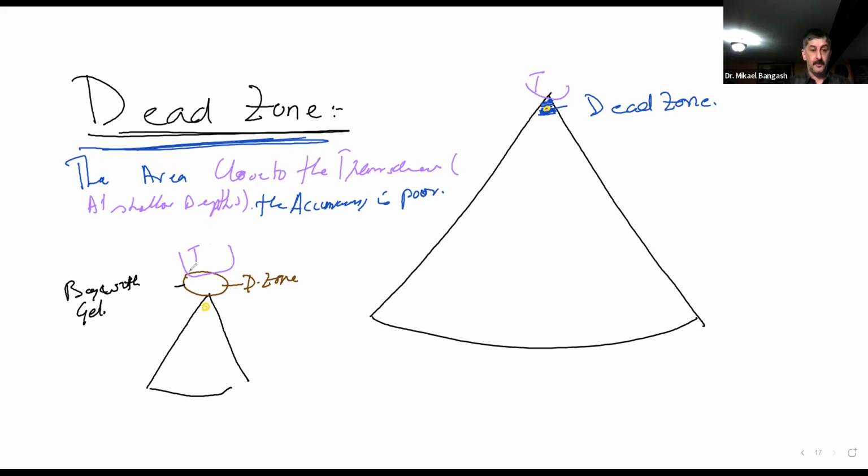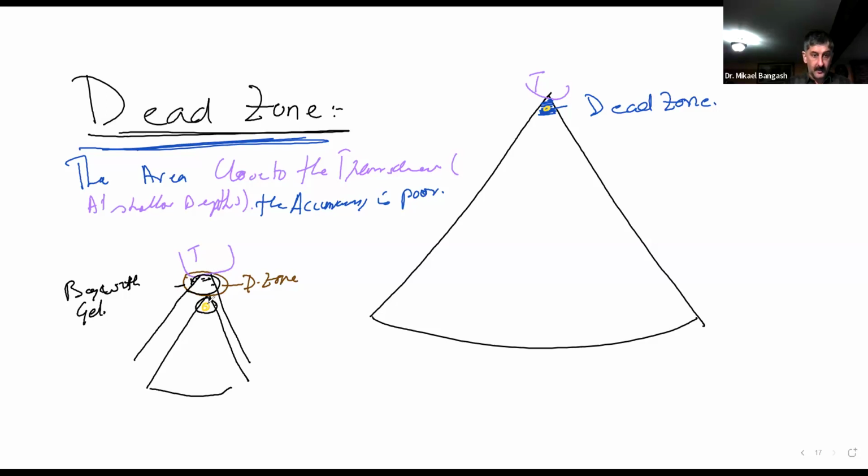So what happens here is, this is where your dead zone is going to be. And all this is at the shallow depth. What you may see on your image is this is your new dead zone.